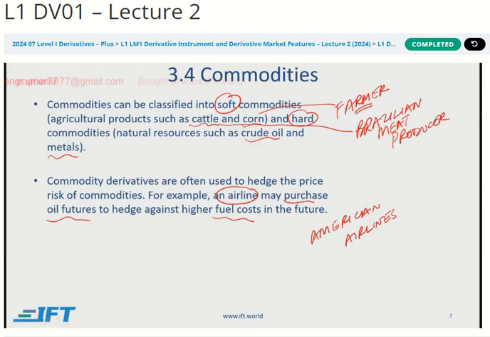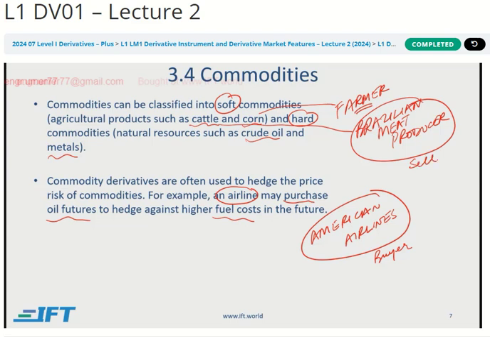So commodities have producers and purchasers. American Airlines is a buyer of a commodity, oil, and these guys are a seller, right? And if we talk about oil, then an oil refinery is a seller. So they will want to lock their selling price as well, right?